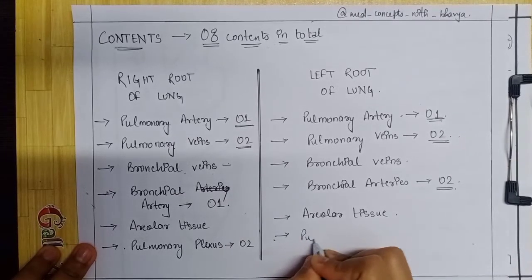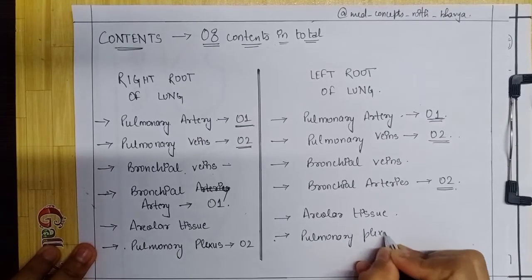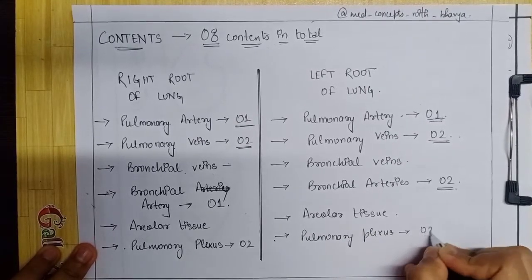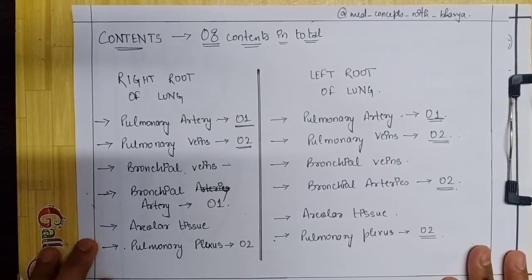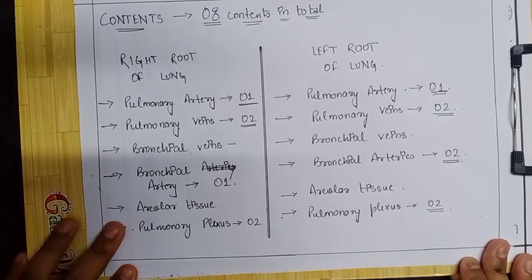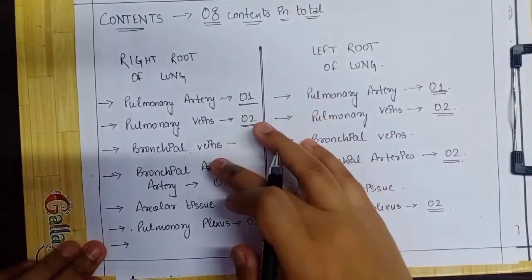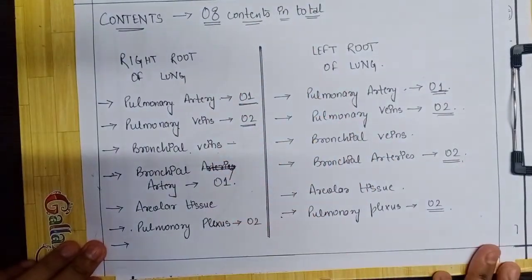One is anterior pulmonary plexus and one is posterior pulmonary plexus, which I will explain further in detail when we go into the diagram. Okay. Then see how many we have done? 1, 2, 3, 4, 5, 6. We are left with 2.